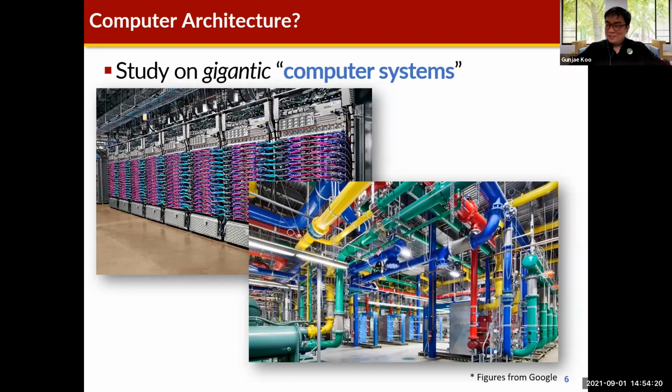So the size is very gigantic, very large, and the performance is also very high. But we can use this cloud system like a single computer hardware. So computer architecture also researches these gigantic computer systems like cloud infrastructure or server systems. Okay.